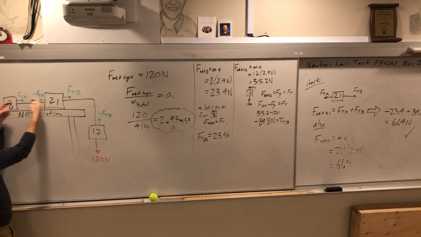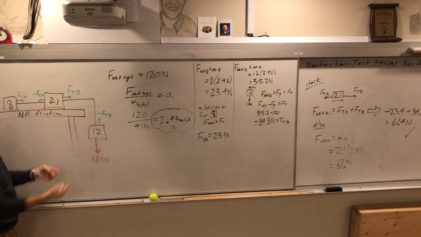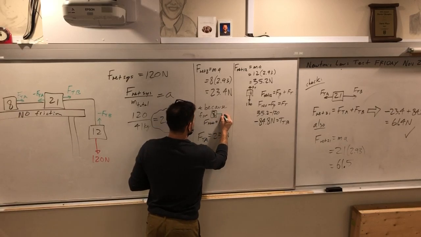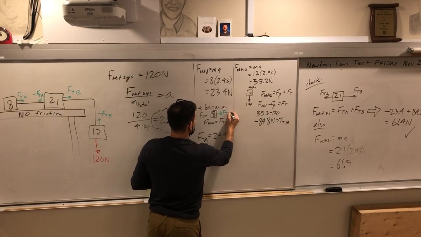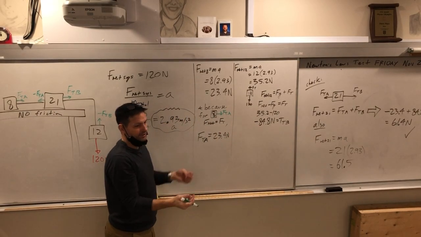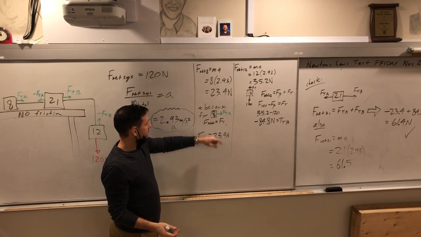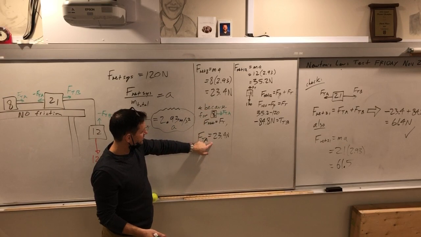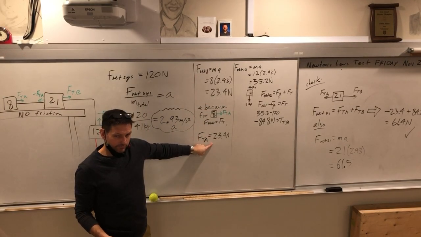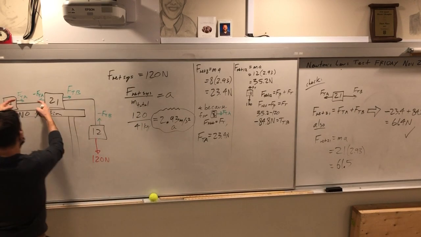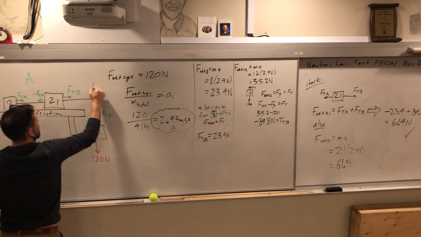So tension forces at A and tension forces at B. For the 8, you really only have the FTA pulling it forward, and that's it. There's gravity, but there's also normal, so they add to 0. And so this net force is the tension force at A. Okay, so now you've got that tension here at A. This is A and this is B.